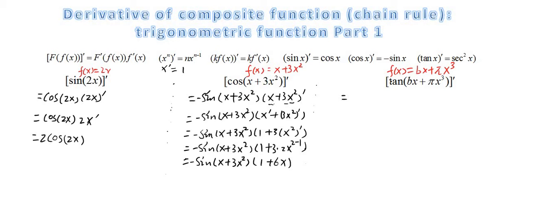We have tangent for capital F, the derivative of tangent is secant squared, and f x is bx plus pi x cubed, times the derivative of bx plus pi x cubed. Be careful here, b and pi are both constants.